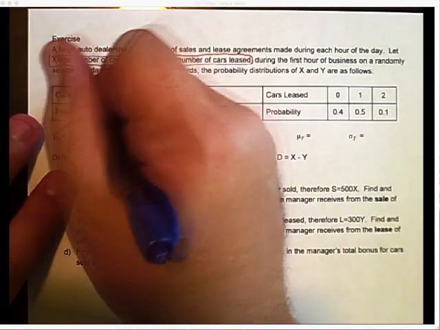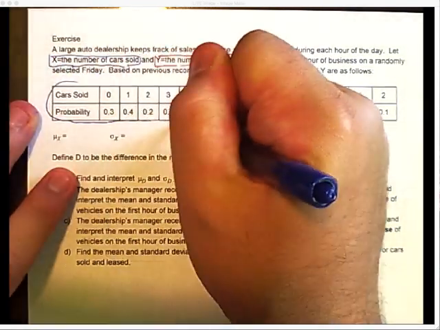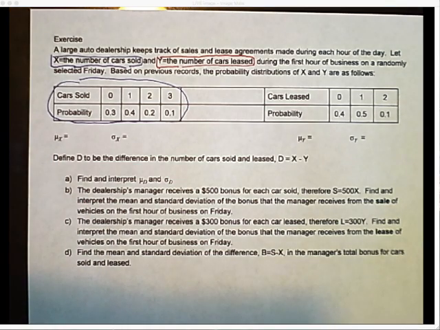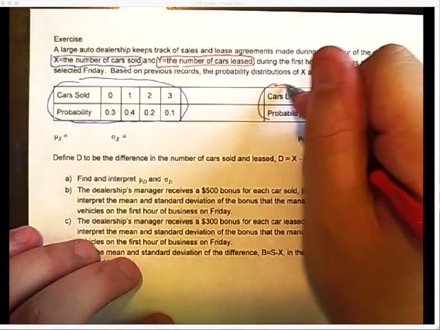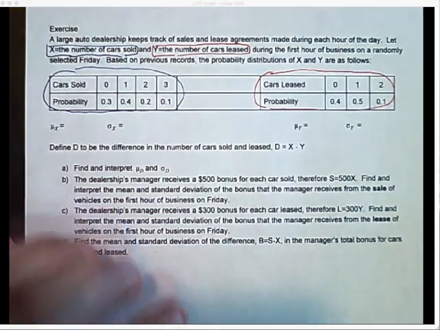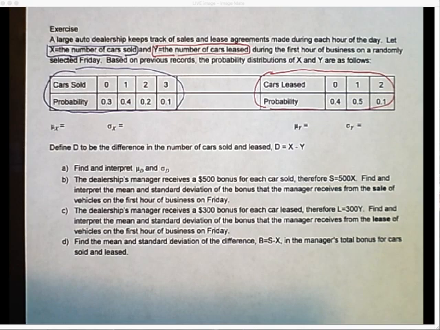I have information about cars sold and their probabilities, and information about cars leased and their probabilities. Based on previous records, the probability distributions of x and y are as follows.